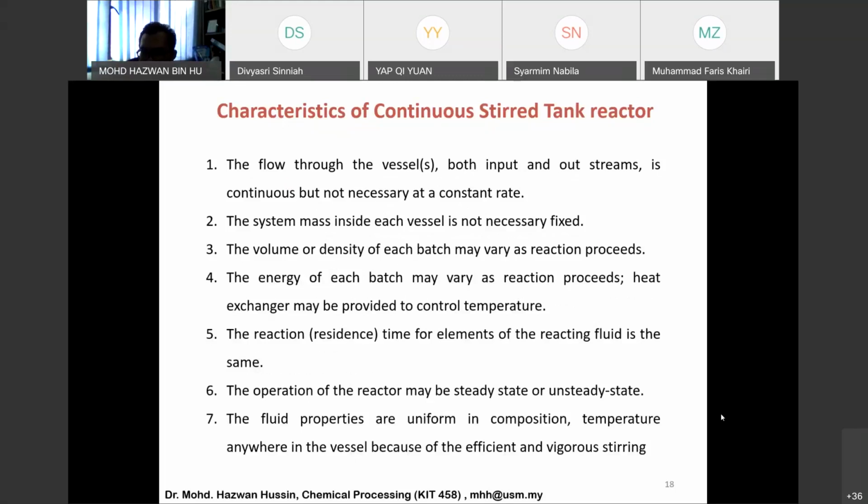Maybe you can dig up some other information apart from what you have seen in your lecture notes, and differentiate in terms of the features and how the reactor design looks, and then send it to the e-learning. I will give time for this at least until Friday. So this is considered a homework.